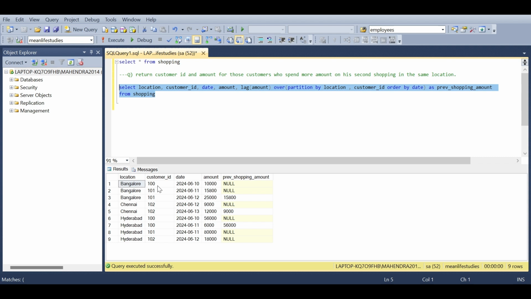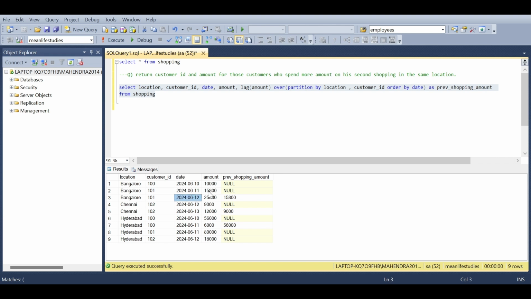you can see here a customer 100 in Bangalore. He's the one customer who did a shopping in Bangalore, but before that there is no shopping. This is the only one shopping, so for the previous one there is no amount, so that is why it is returning null. In Bangalore 101 did two times shopping, on 11th and 12th.